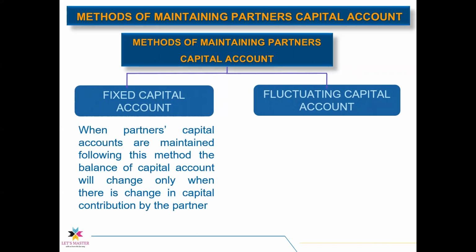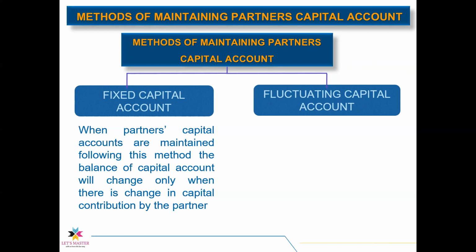When the partners' capital accounts are maintained using the fixed capital account method, the partners' capital account balance will change only when there is a change in capital contribution by the partner. For example, A, B, and C are three partners in a partnership firm, and A has contributed 50,000 rupees as initial investment in the partnership firm.